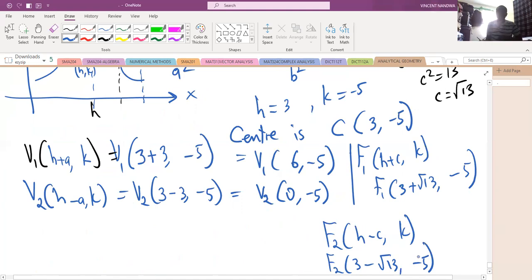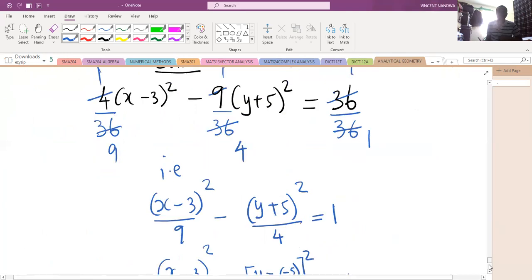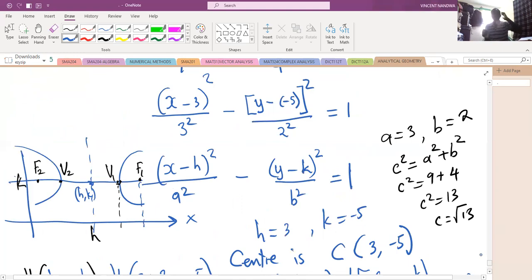And we said if we are dealing with a hyperbola whose transverse axis is parallel to the x-axis, then the asymptotes are given by y equals plus or minus b over a into x minus h, then plus k.